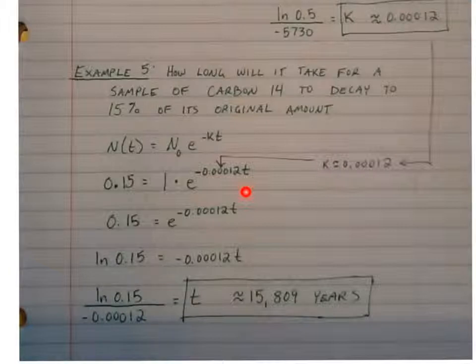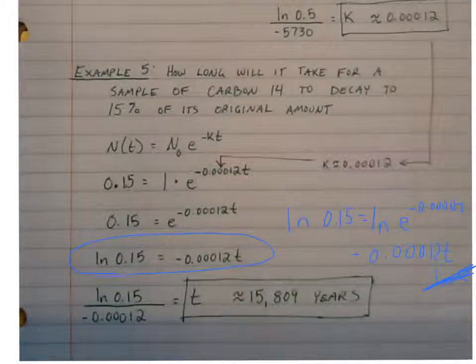We take the natural log of both sides, so natural log of 0.15 equals the natural log of e to the negative 0.00012t, and we apply the power rule, 0.00012t times the natural log of e, which cancels itself out. And that's how we arrived at this point.